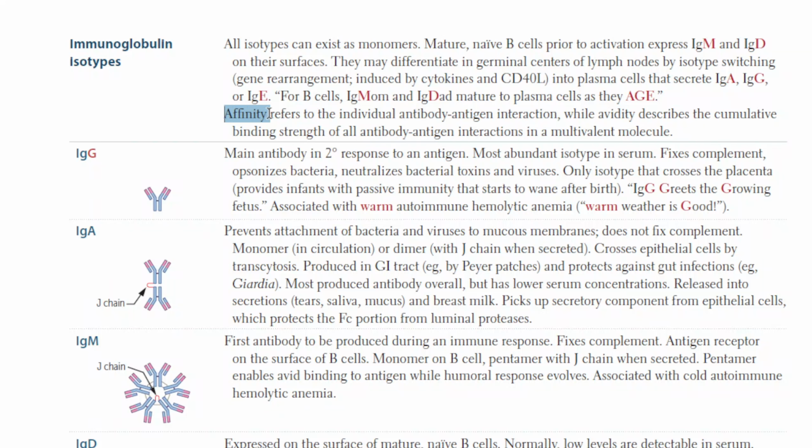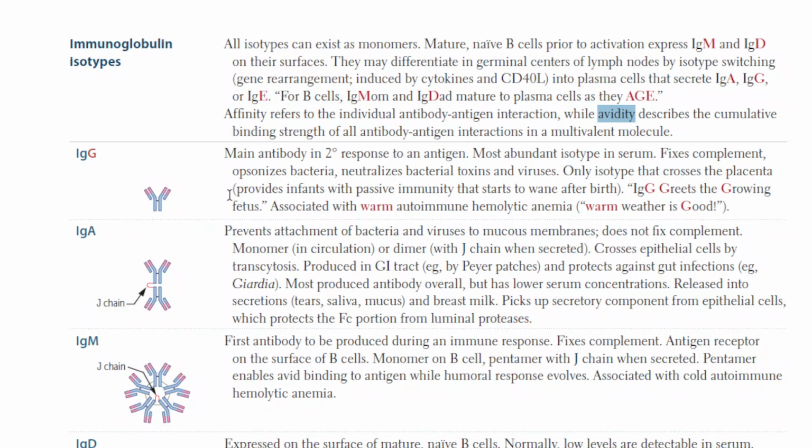Okay, affinity just for one, avidity for more than one. Think about the ability of a person juggling a lot of objects, different kinds of objects in the air. That's the ability.